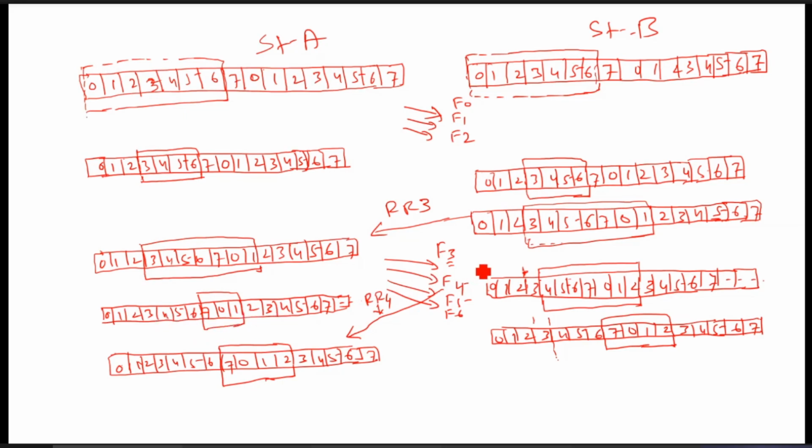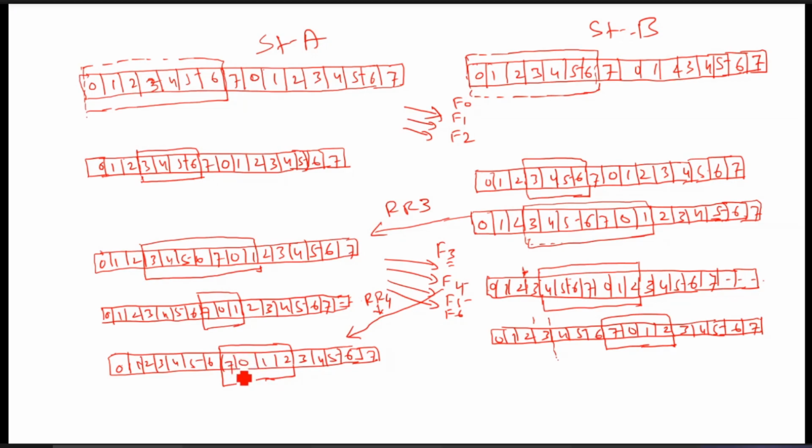Already 4 frames are transmitted: 3, 4, 5, 6, right? But by the time this RR4 reaches here, A has already transmitted the frames 4, 5, 6, right?